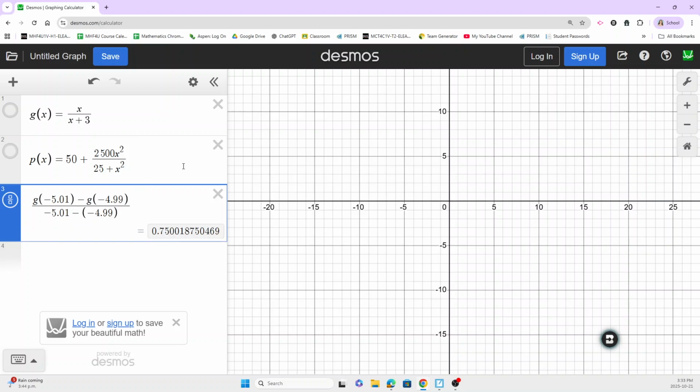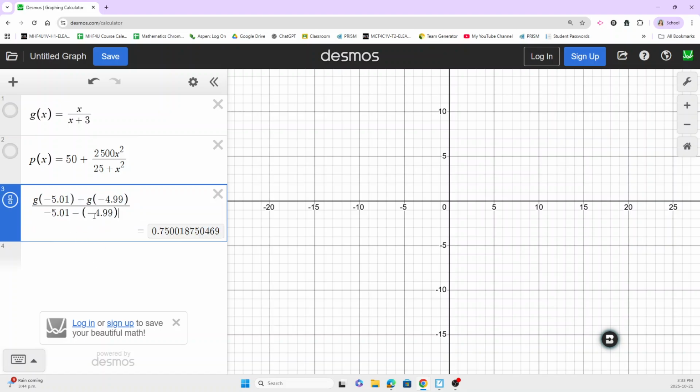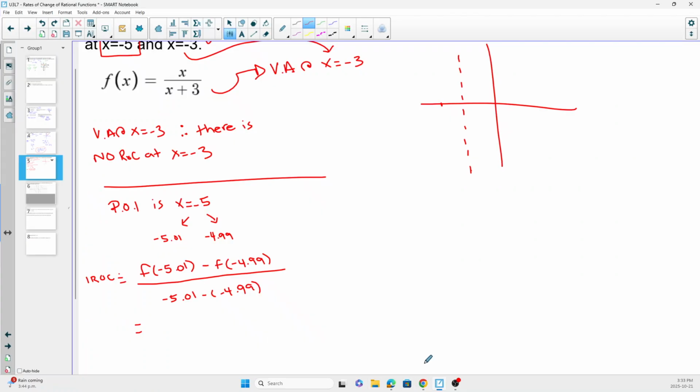And don't forget the denominator, because look what just happened there. If I get rid of those, it showed a negative rate of change, but when I divide by the change in x, it is also negative, and negative divided by negative is a positive. So not only do we have a positive rate of change, which is obviously different than a negative, we also know at what rate. So we have a rate of change of positive 0.75.